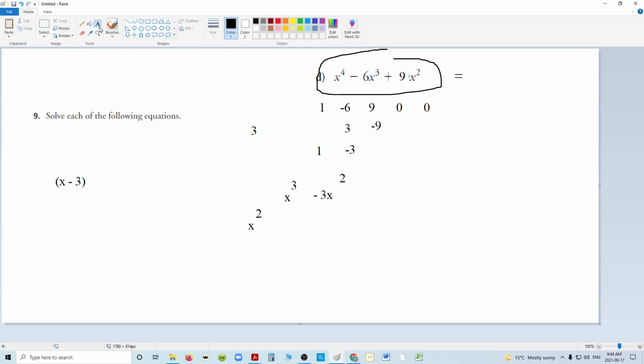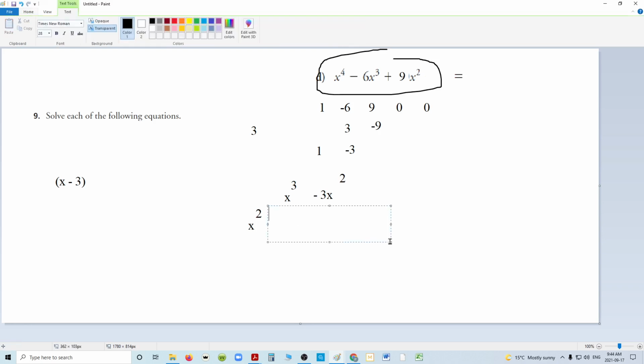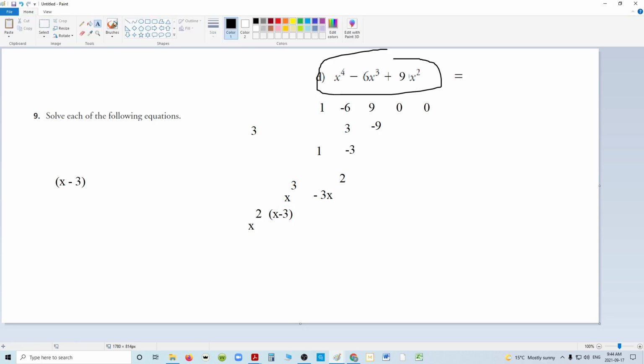I just was being stupid. And I'm left with x minus 3. So it looks like it's x minus 3 squared and x squared. And I think those are the two factors.